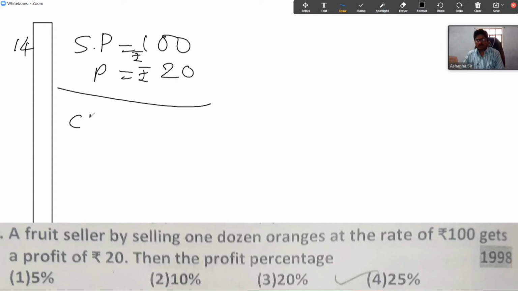So cost price is 80 rupees. Profit is given, selling price is given, basing on these we can find by subtracting, we get cost price 80 rupees. We know cost price is equal to selling price minus profit.